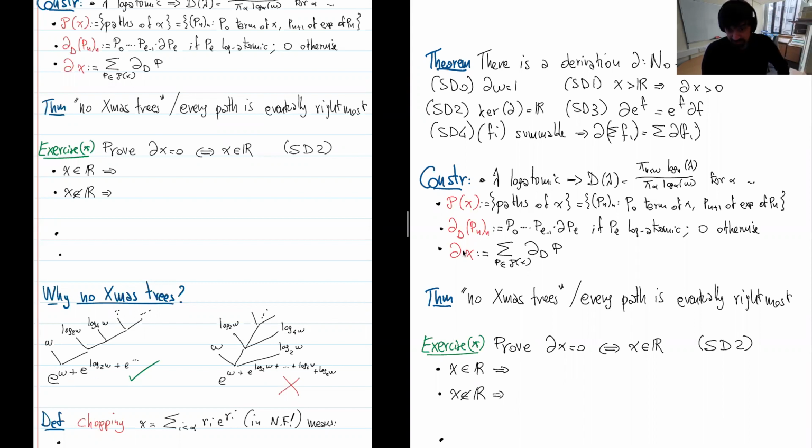And the derivative of x is going to be defined as the sum of a certain contribution for every path appearing in this picture. So everywhere you have of chasing monomials by going into the exponents repeatedly. Okay, so we have this definition, and the true reason why this definition actually works is that in surreal numbers there are no Christmas trees.